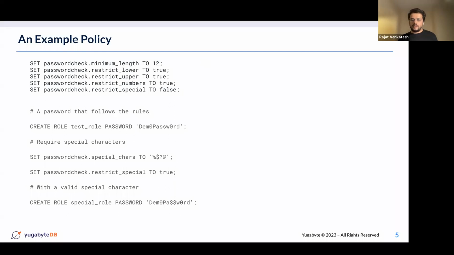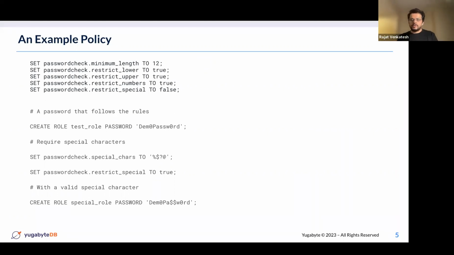In this example, these are %, $, question mark, and @, and at least one of these special characters is required. And the previous example won't work because it doesn't have special characters. Instead, what I've changed is I've changed the letter S into $, and now the password changes.